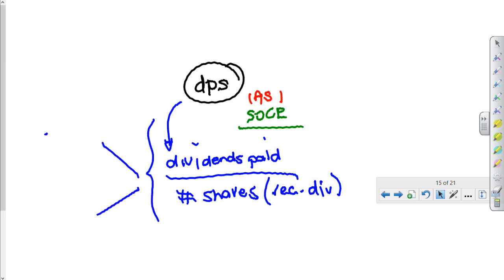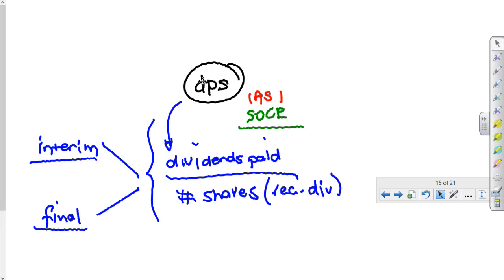So we would have a disclosure for the interim dividend paid and the final dividend paid. Most companies declare 2 dividends in the year, one based on interim results and one once they finalize the financial statements. And so you would have 2 dividend per share numbers, one for interim, one for final.